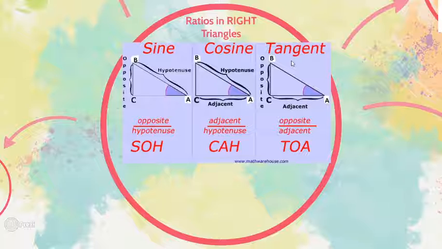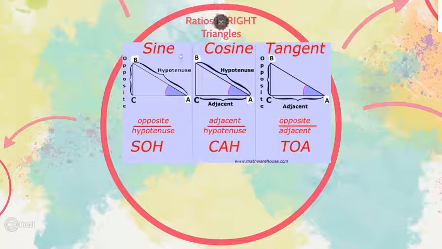This is always really helpful if you only have one angle in your right triangle, one side of your right triangle, or if you only know that there's a right angle in your right triangle. So if you're missing the other two angles, these formulas will also allow you to solve for a missing angle in your right triangle. So they're really helpful for finding the sides and angles of a right triangle.